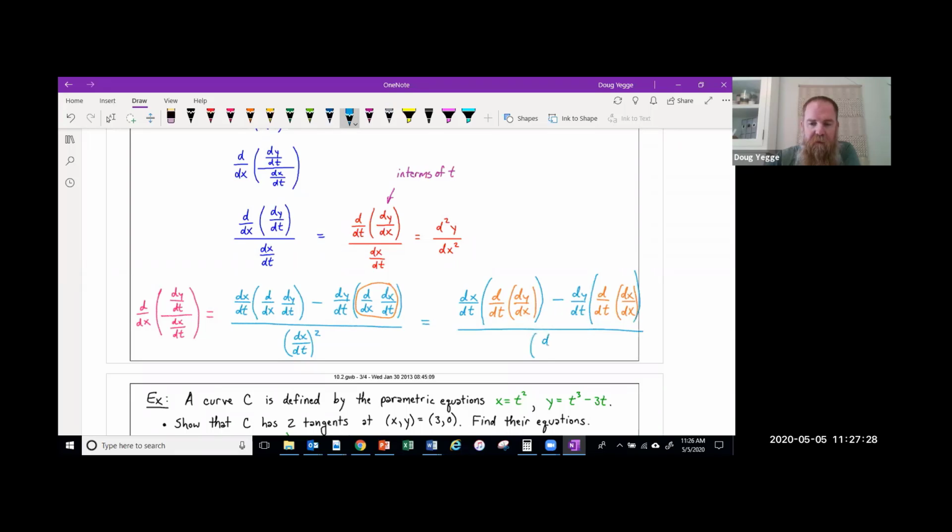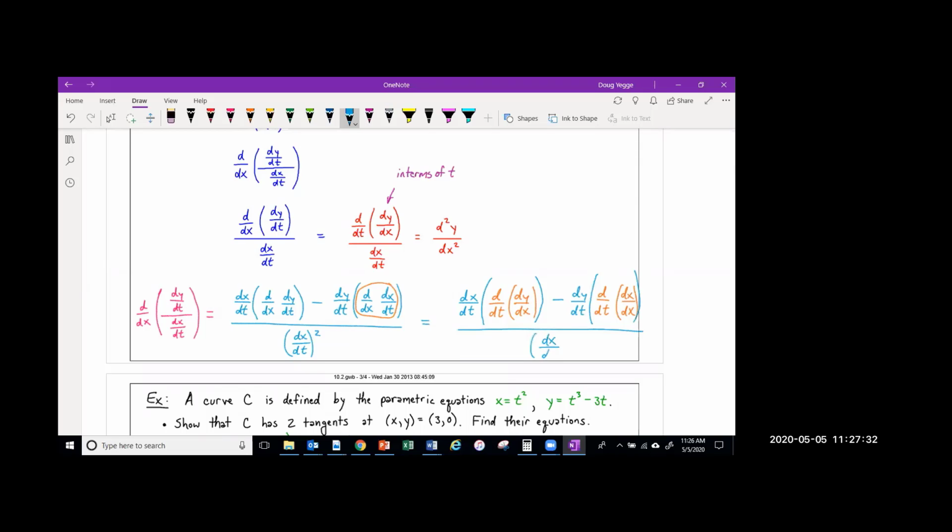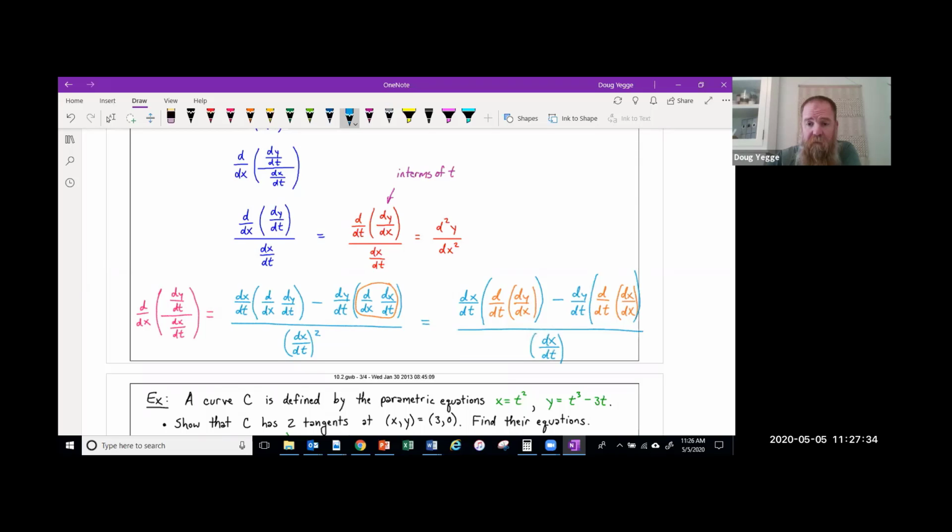What does dx/dx mean? So this term is 1. It's just 1 for a couple of reasons, because dx/dx is the same quantity on top and bottom, so that cancels. dx/dx is also the same thing as d/dx of x, and the derivative of x with respect to x is just 1.